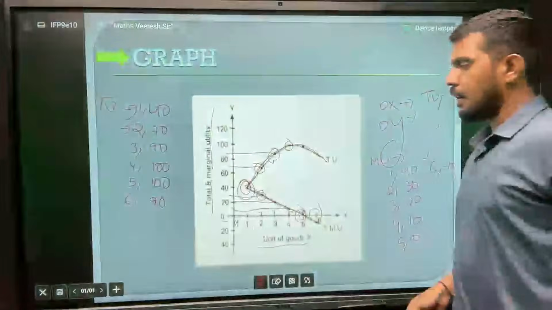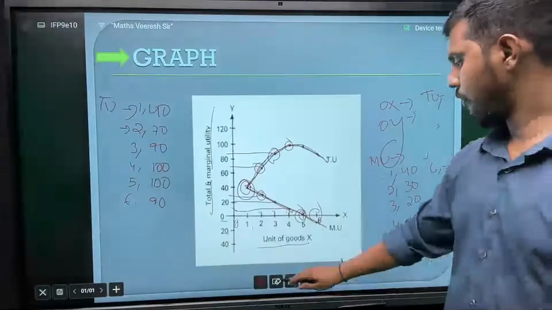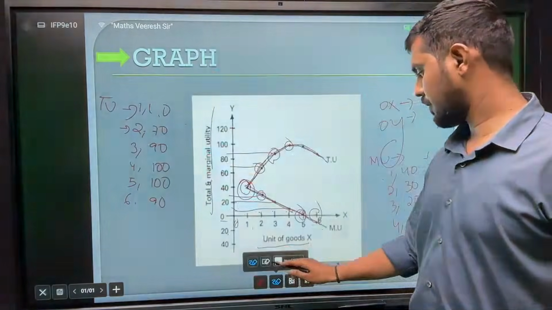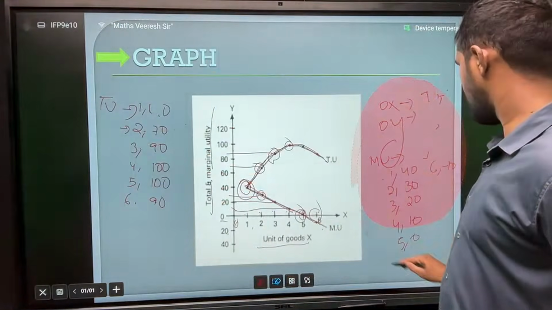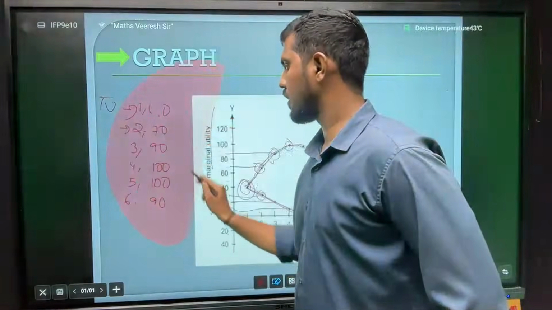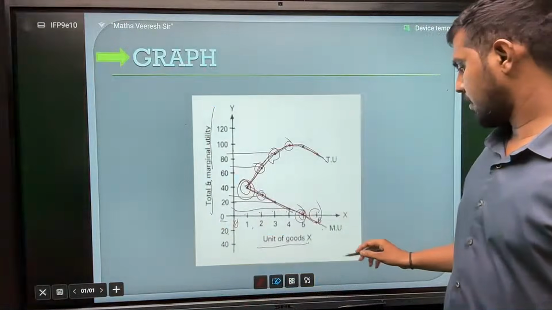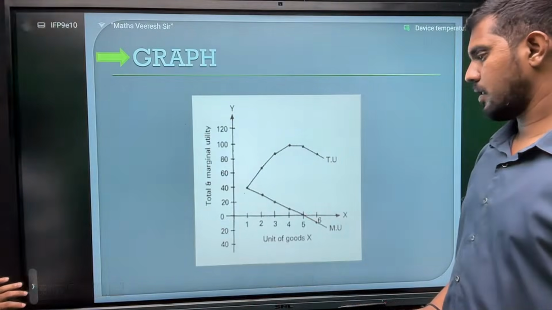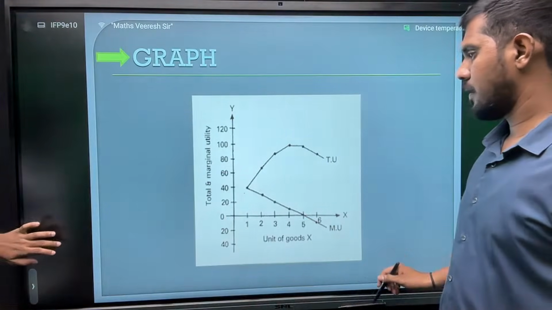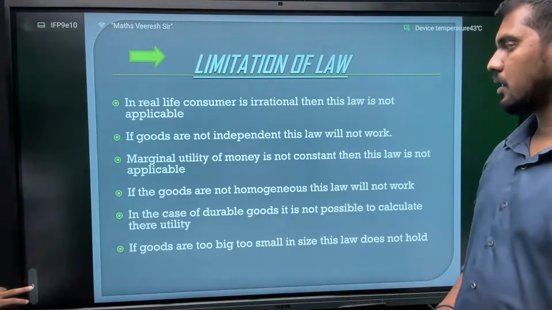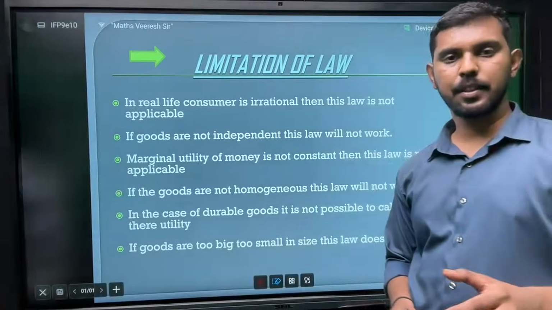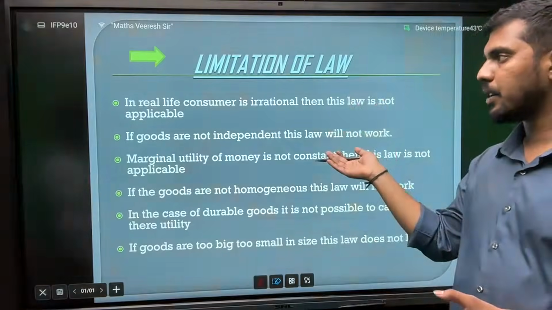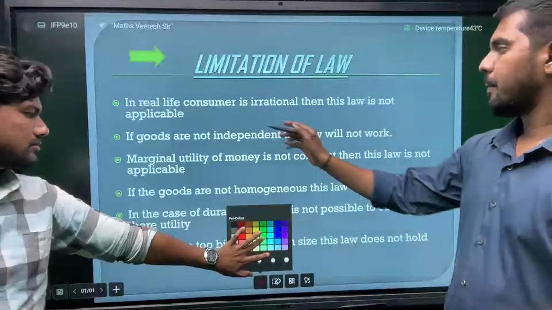Next, limitations. I told you the assumptions; when the assumptions do not work, it comes into the limitations, right?